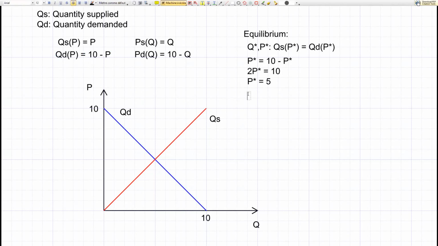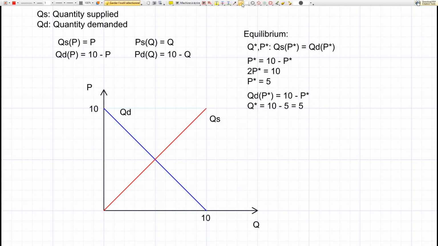So I know that QD of P star is equal to 10 minus P star. So I can write just Q star will be equal to 10 minus 5. So it's going to be equal to 5. And now I have my market equilibrium, which is 5, 5. And I can just write it.